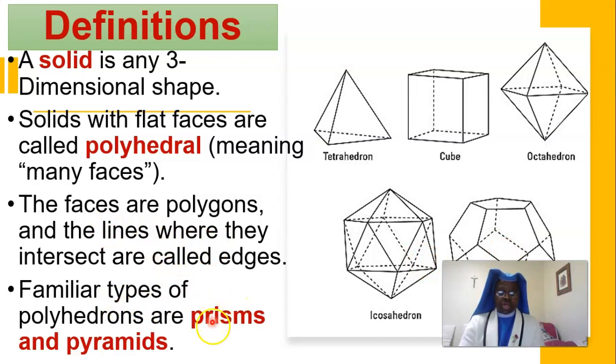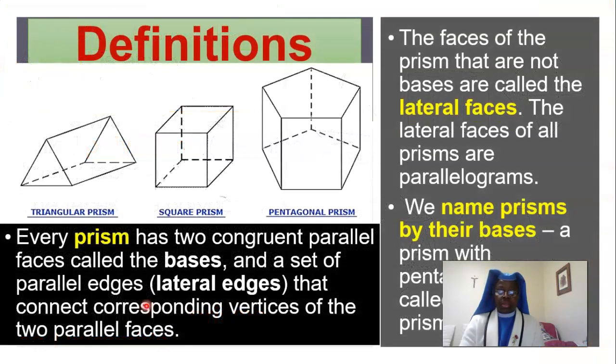The familiar ones we know are prisms and pyramids. Now, prisms have two congruent parallel faces. Parallel means they cannot touch each other, like one on top and one at the bottom. But it's not always top and bottom.